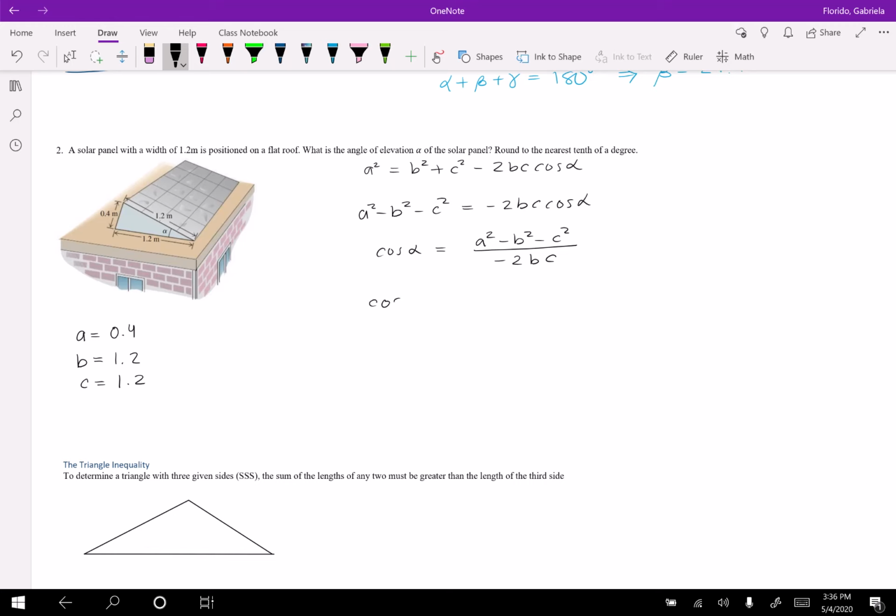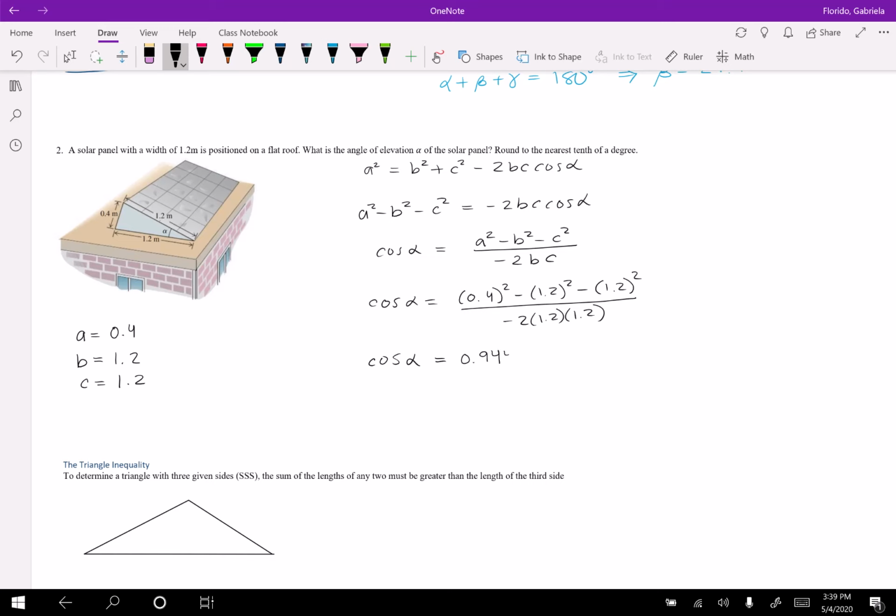Now I'm going to plug everything in. So we have cosine of alpha is equal to 0.4 squared minus 1.2 squared minus 1.2 squared all over negative 2 times 1.2 times 1.2. Let's plug that into our little calculator to get cosine of alpha. Our calculator gives us that cosine of alpha is equal to 0.94.